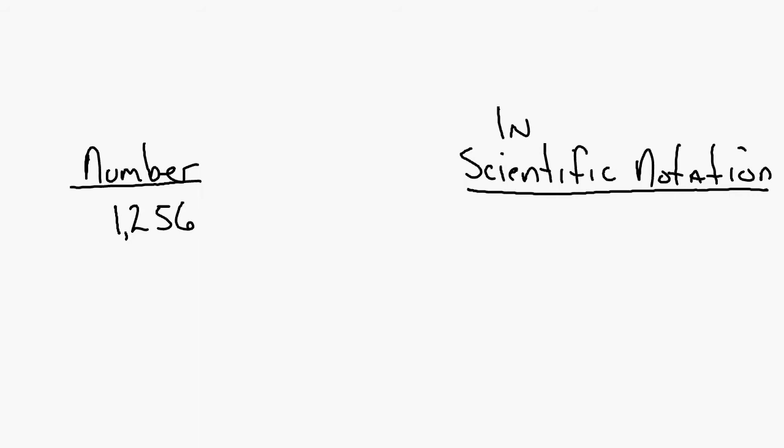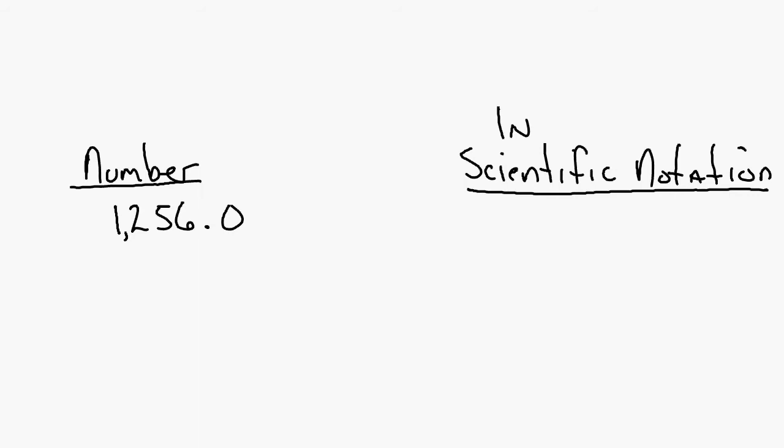The easiest way to write a number in scientific notation is to start with your pencil on the decimal point. 1256 would be 1256.0, but the point 0 doesn't get written.